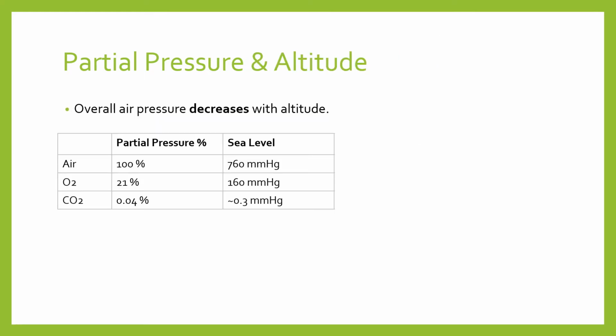So in terms of partial pressures, again, that's the proportion of pressure in a mixture of gases, you'll note that overall air pressure decreases with altitude. So as we move up a hill or up a mountain, overall air pressure decreases with altitude.